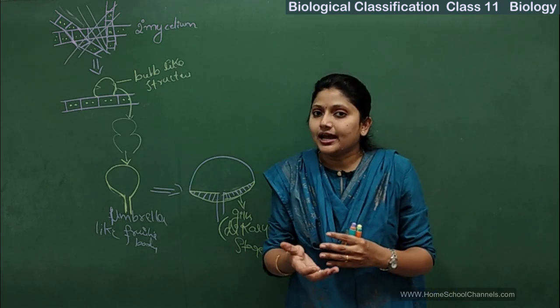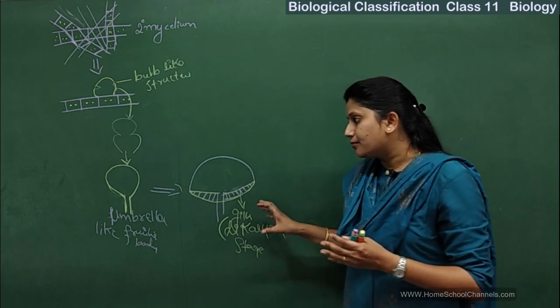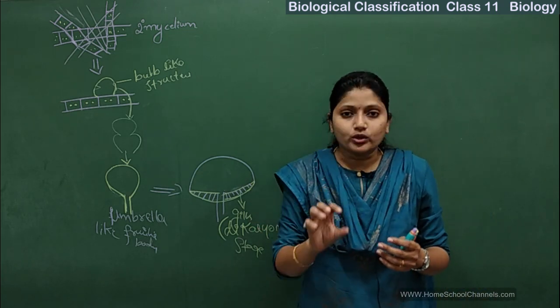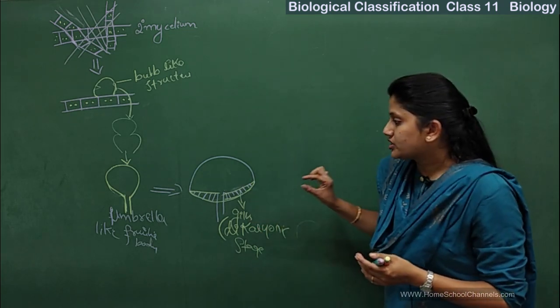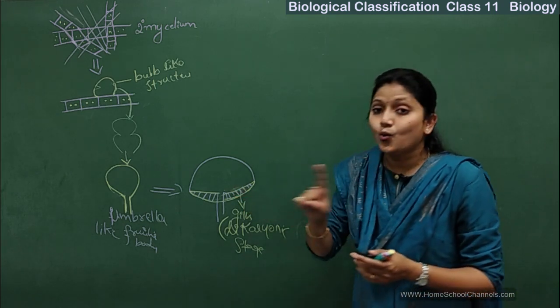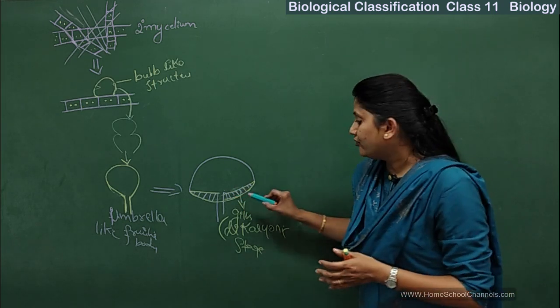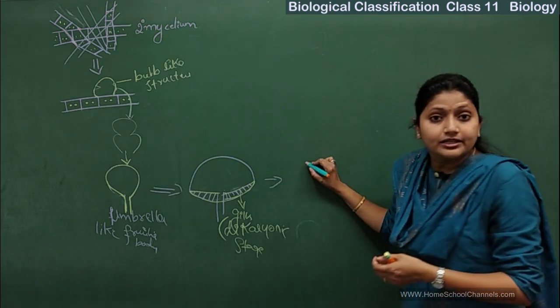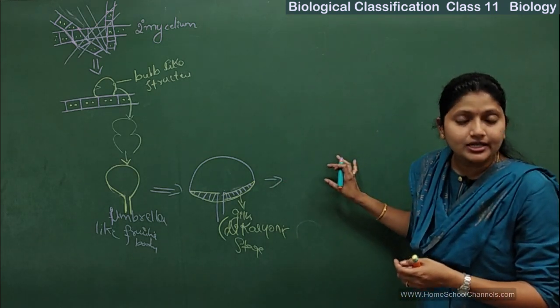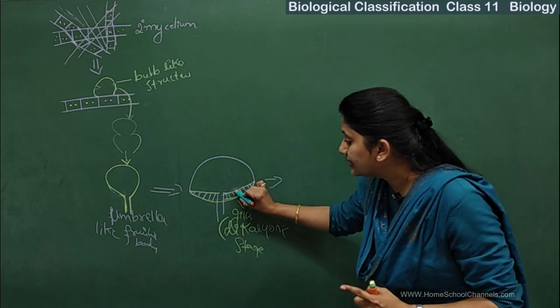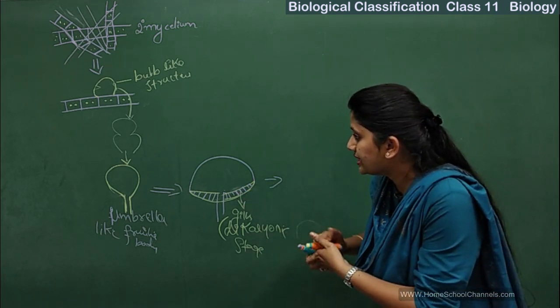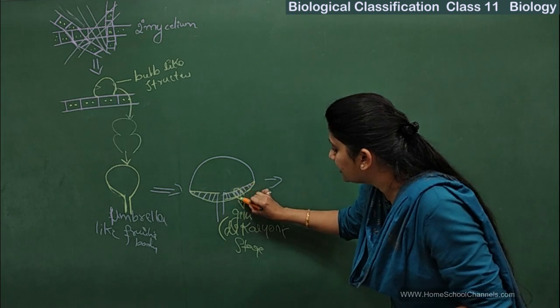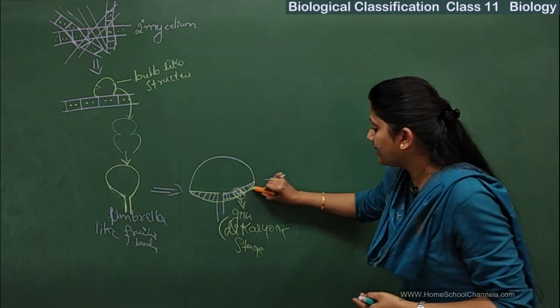So what does dikaryotic mean? Dikaryotic means there are two nuclei, isn't it? So now what we shall do is take one single gill. The structure which I am drawing here is the structure of the gill. We are just choosing one single gill. Let's imagine this is the one, and I'm drawing it now.